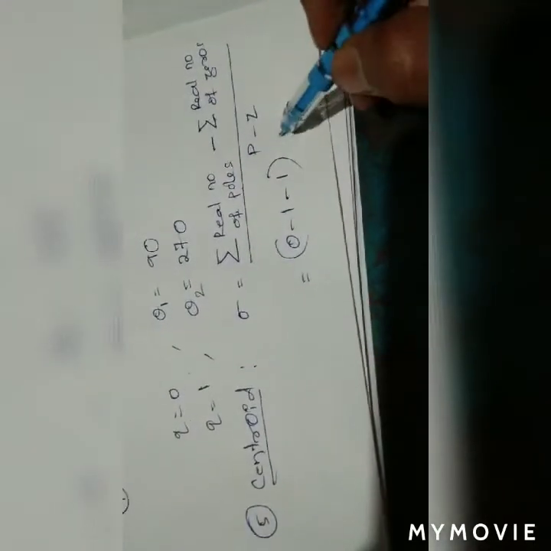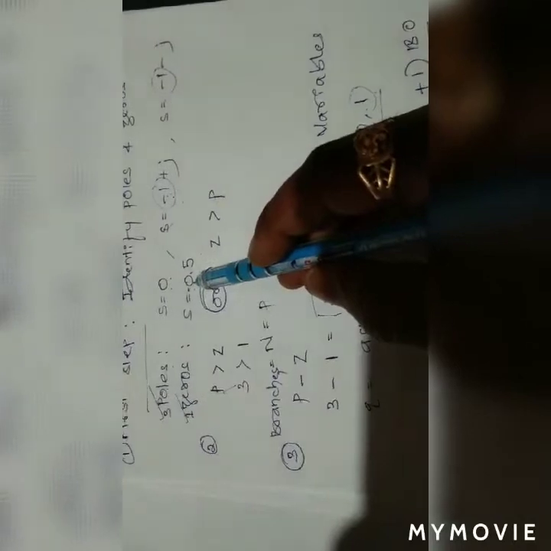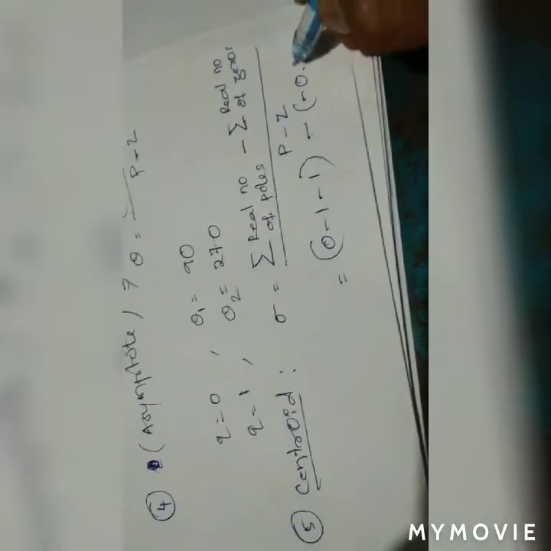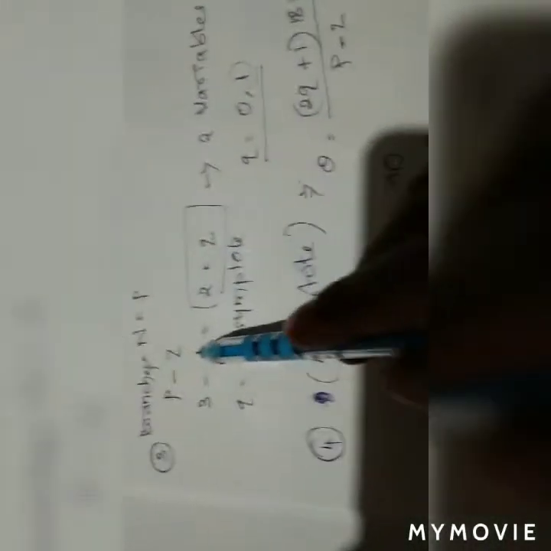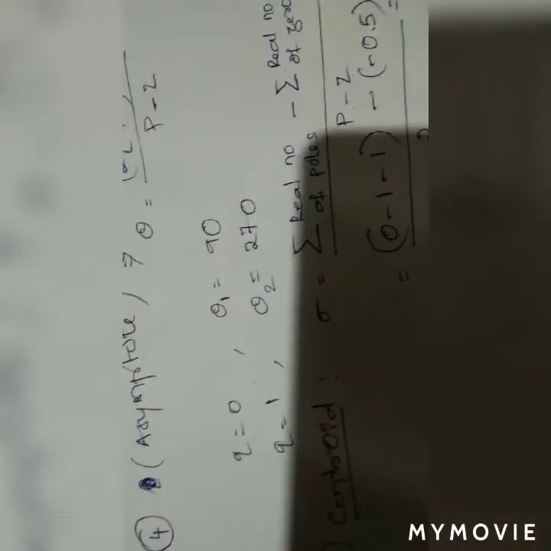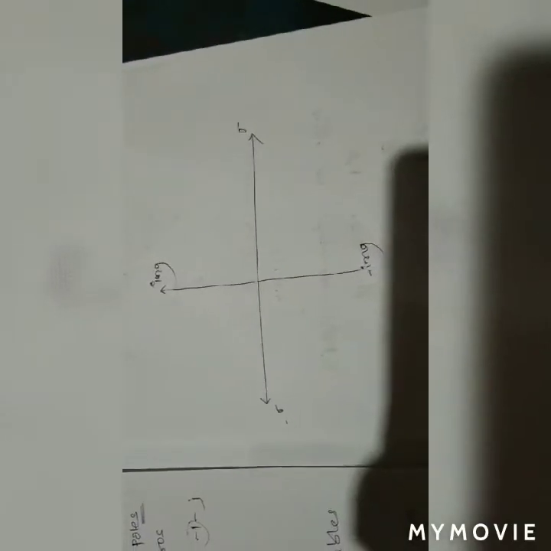Minus, then zeros, the real part is -0.5. Whole divided by P minus Z, which is 3 minus 1 equals 2. So you will get -0.75.